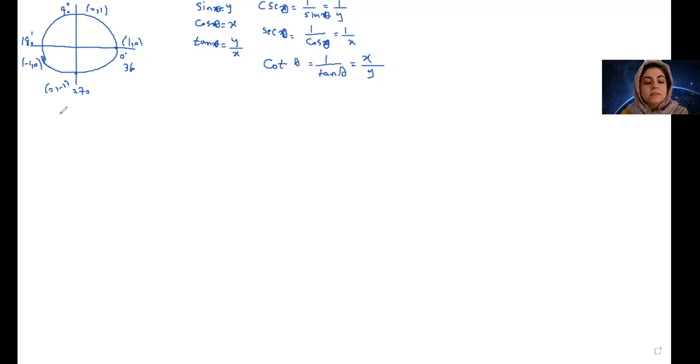Okay, first, let's say we want to do y is equal to cosecant theta, which is equivalent to 1 over sine. Again, I'm going to put the points that I do: theta, y.